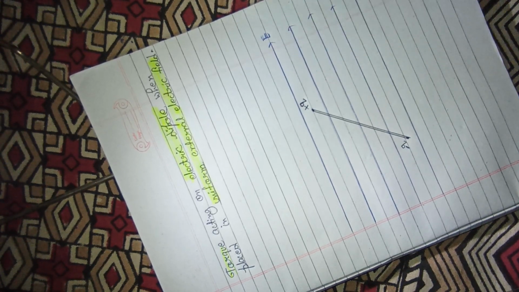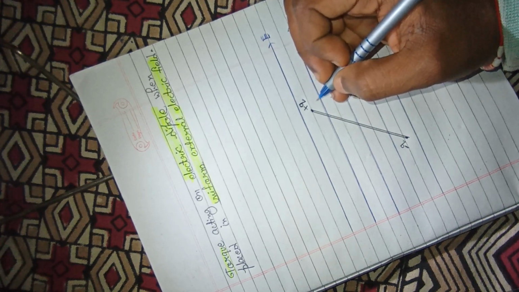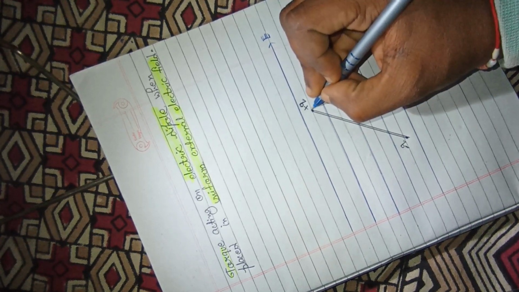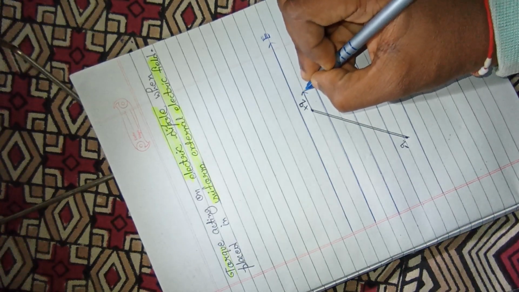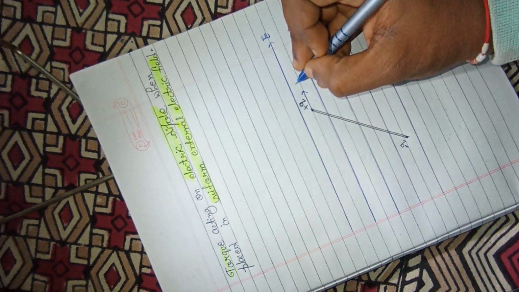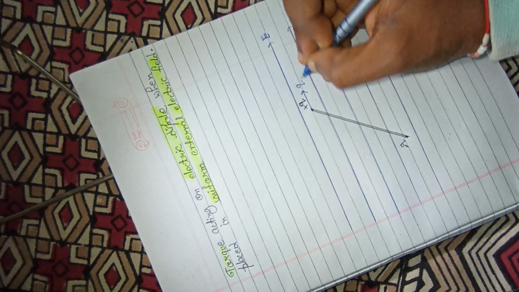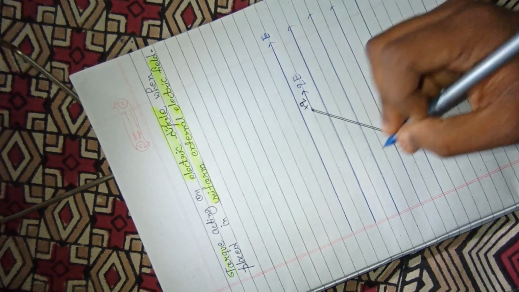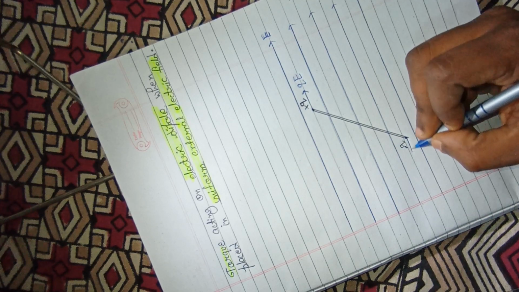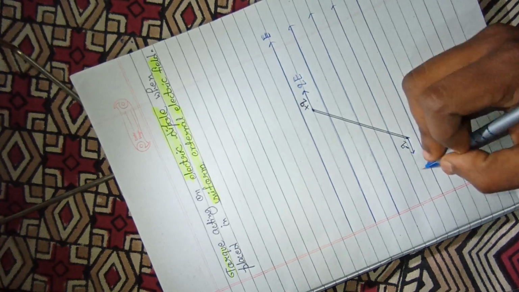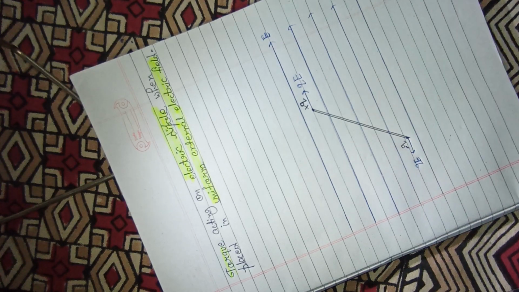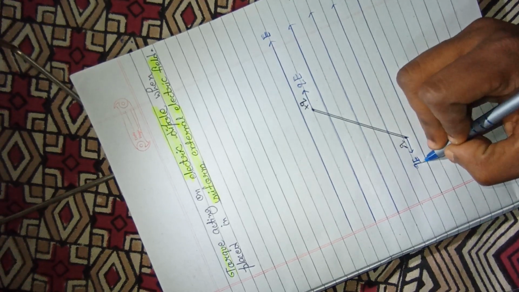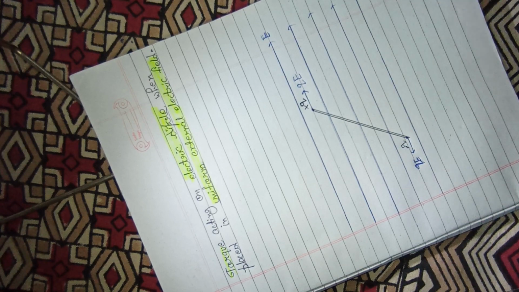Now, the force acting on the positive charge is along the electric field, so let's say the force is qE, and on the negative charge it is opposite to the electric field. This is, let's say, qE.